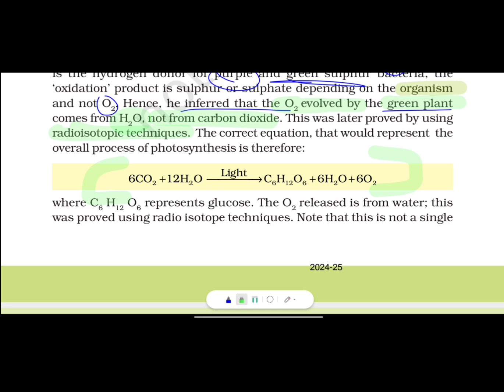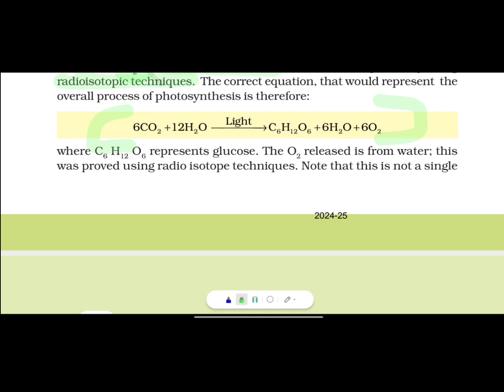As we have further studied, light is an important factor for photosynthesis. As we are discussing the chapter called photosynthesis, the synthesis takes place with the help of photo.